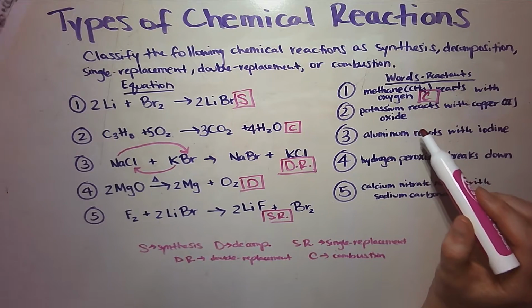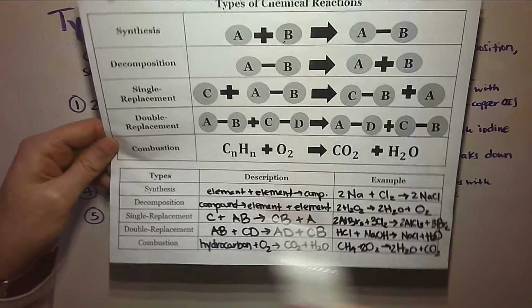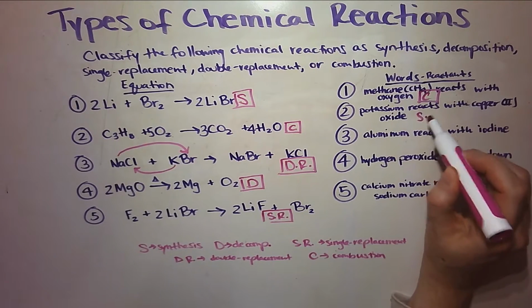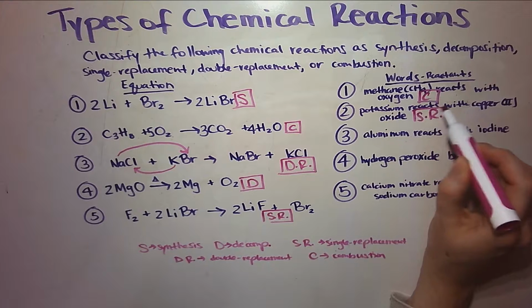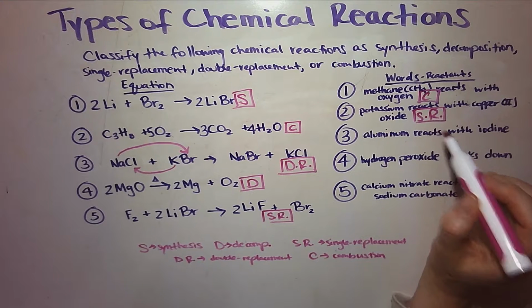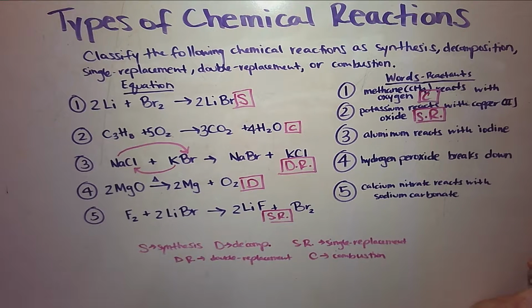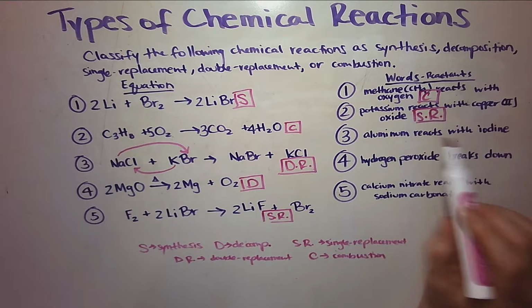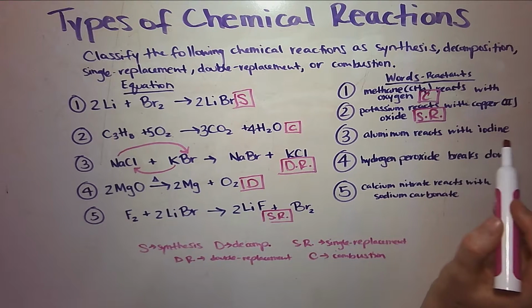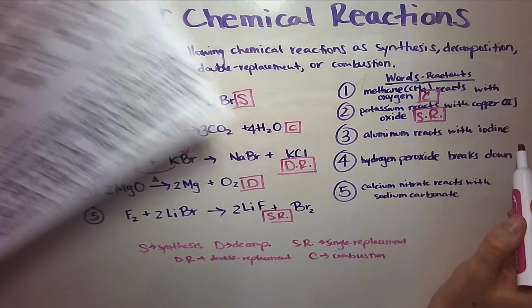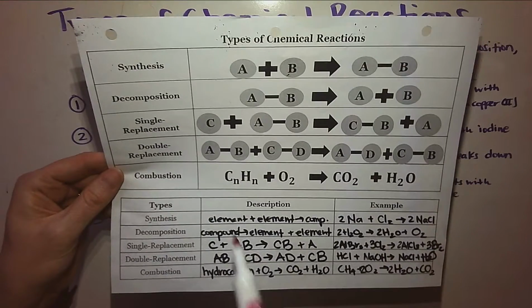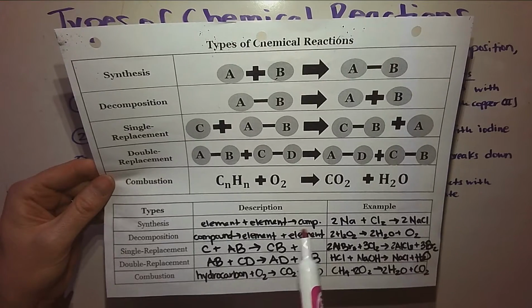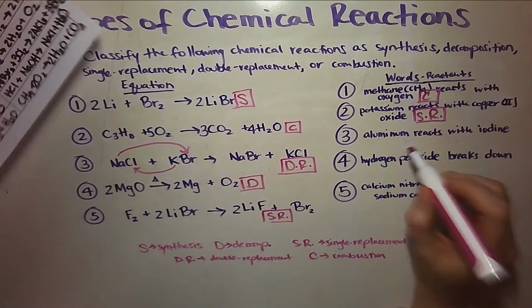So an element plus a compound would be a single replacement reaction. All right, number 3. Aluminum reacts with iodine. So I have an element plus another element reacting together. So an element and an element would be a synthesis reaction.